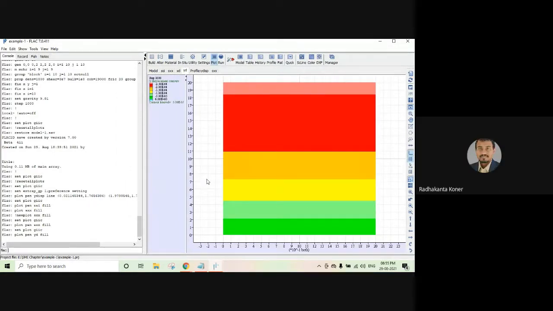So do you mean that some example file is there and you want to use that? No, sir. Like you are giving the command here in the console, we can also do it by using the build option. Here we have to input the coordinates of the points, like the end coordinates of this rectangle.